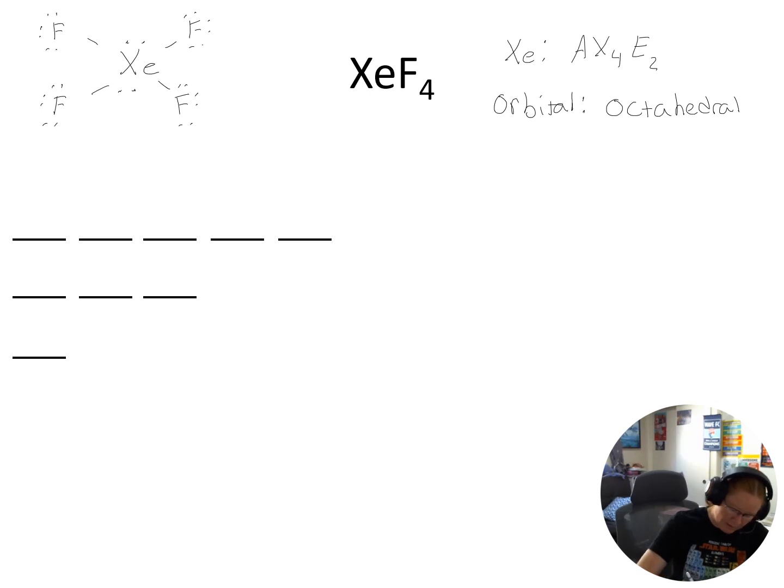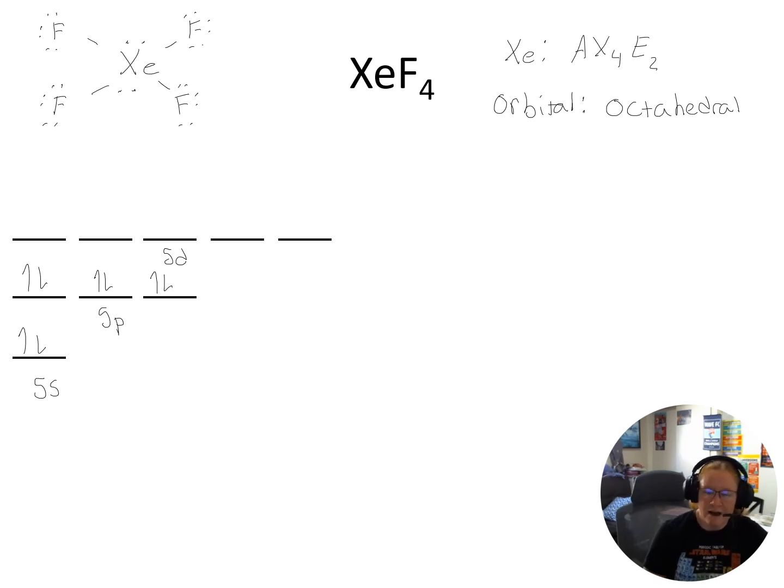Okay, so xenon, we're going to get 5s, 5p, 5d. Xenon is a noble gas, which means we have a full valence shell. So we've got 8 electrons. 1, 2, 3, 4, 5, 6, 7, and 8 electrons. Octahedral means we need 6 places to put things, so we're going to take the s, all 3 p's, 2 of the d's, and we'll mix those.